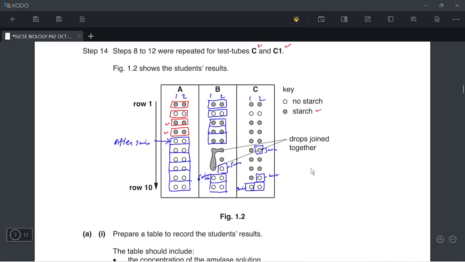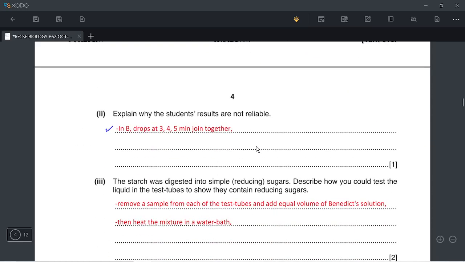You can see 3, 4, 5. Basically, these drops you can see they are joined together, right? This is 3, this is 4, this is 5. At 3 minutes, 4 minutes and 5 minutes, the drops join together. This could be the reason, you can write here.